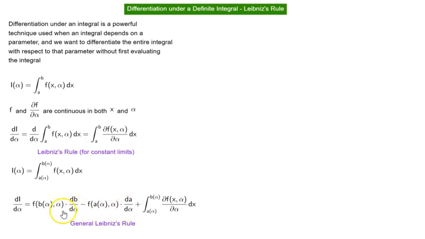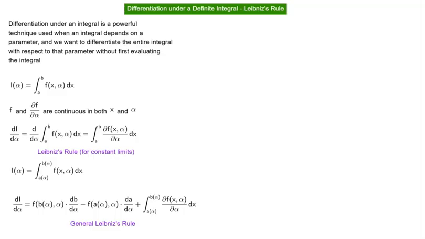There is no change in a or b as alpha changes. So they both will become 0. That means the first two terms will disappear and we are left with the third term only. And since a and b are independent, we will just have a and b as the limits.